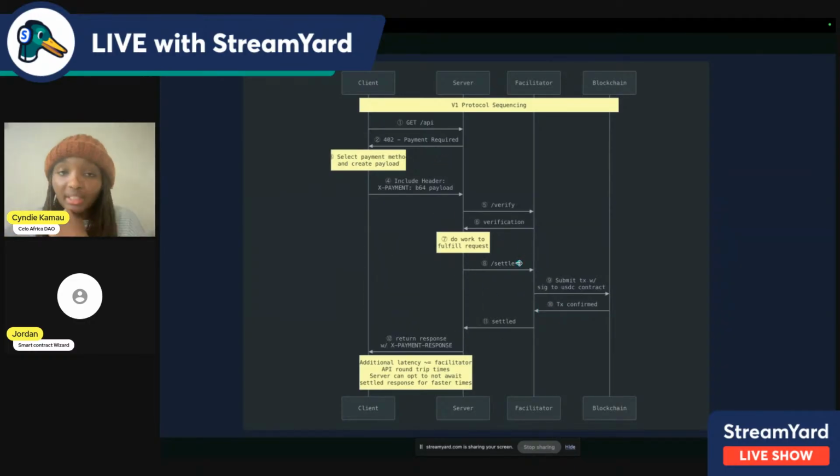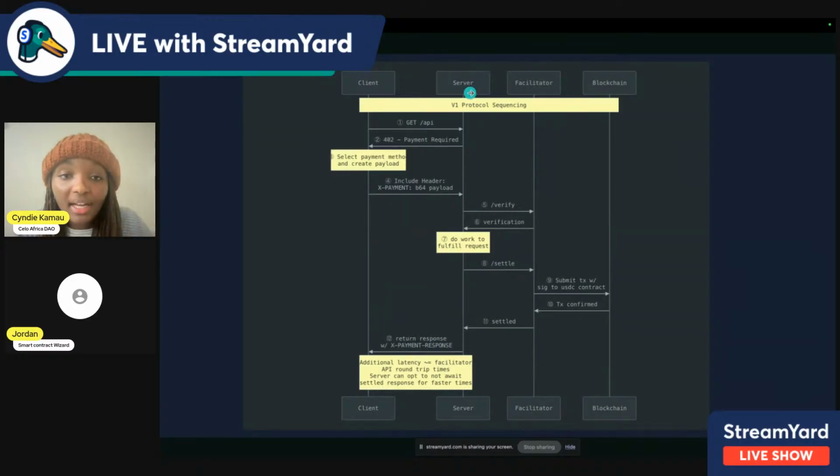It still needs to be settled on the blockchain, right? So it's going to submit this transaction to the blockchain, the USDC contract, say, on the Base blockchain, and settle everything that is needed in terms of the blockchain side, so that if that is settled, it sends back the request, right?